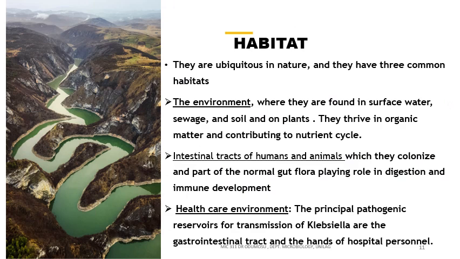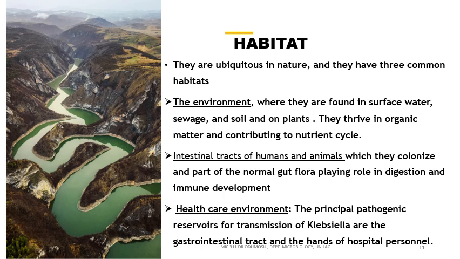Their normal habitats are three major parts: the environment, where, like every other prominent member of Enterobacteriaceae, they are found in the surface water, sewage, soil, and plants. They thrive in organic matter, and they contribute to the nutrient cycle just like other members of Enterobacteriaceae that are found in the soil, by taking part in the improvement of the nutrients available to plants.